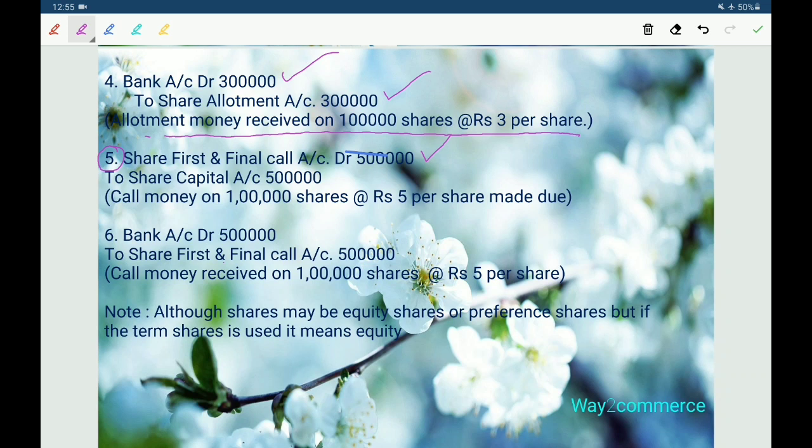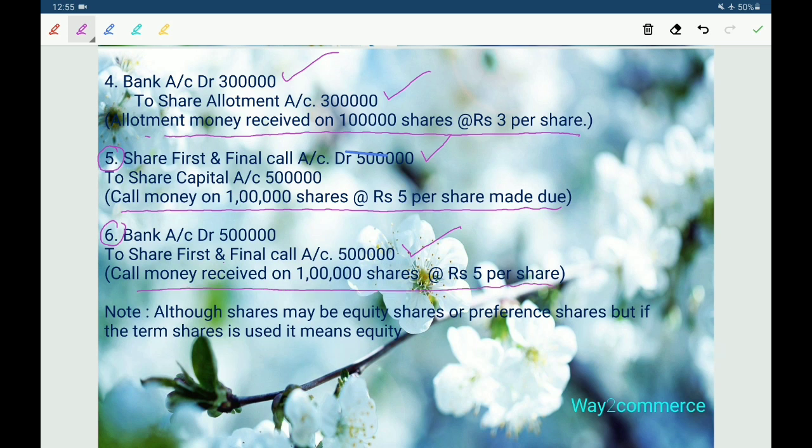So 1 lakh shares into 5 rupees, 5 lakhs. Narration: call money due on 1 lakh shares at 5 rupees per share made due. Sixth entry, the receipt entry. Bank account is debited to share first and final call account 5 lakhs. Narration: call money received on 1 lakh shares at 5 rupees per share.